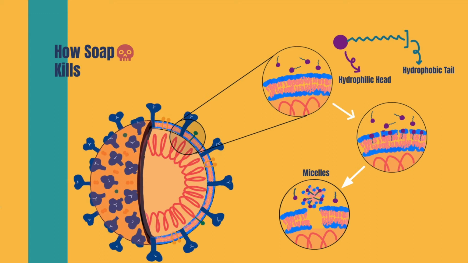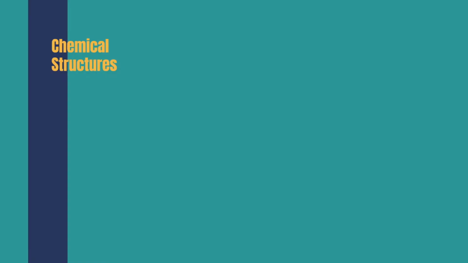As mentioned, the hydrophobic tails of soap and phospholipids attract one another because of the London dispersion force between the hydrocarbons. On the other hand, the hydrophilic heads form the outer layer of the sphere that protects water from entering the hydrocarbon tails. This eventually destroys the phospholipid bilayer that is enclosing the materials, also known as the cytoplasm, of the virus.